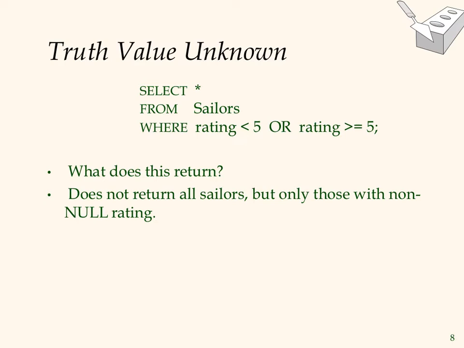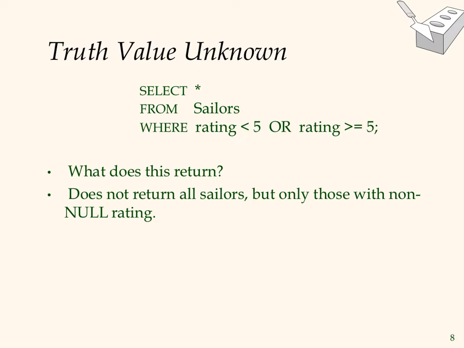So let's think about this query. Select everything from sailors where the rating is less than 5 or the rating is greater than or equal to 5. So before today's lecture, you might have thought, oh, that's going to give me all the sailors.